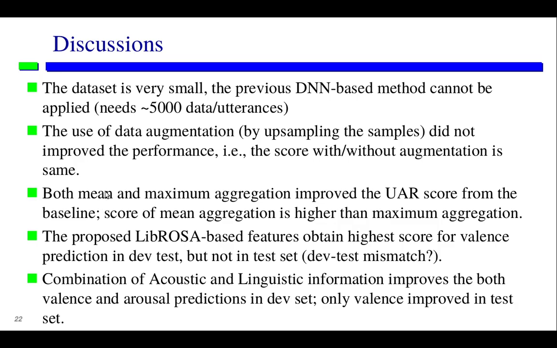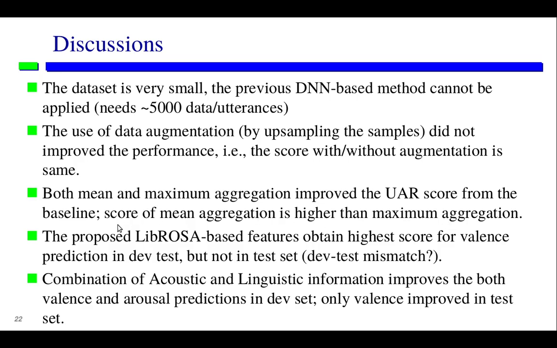And for the proposed methods, there are two. The first is acoustic feature aggregation using mean and maximum aggregation, and both improve the recall score from the baseline. Comparing these two, the score of mean aggregation is higher than maximum aggregation.